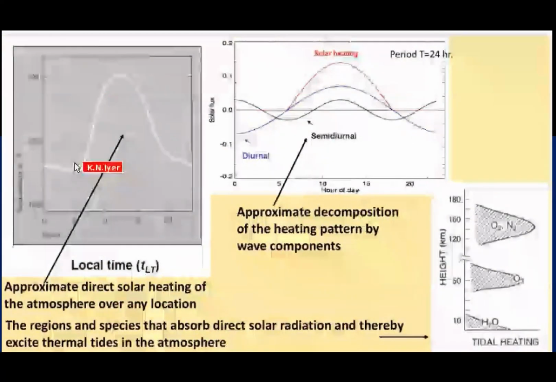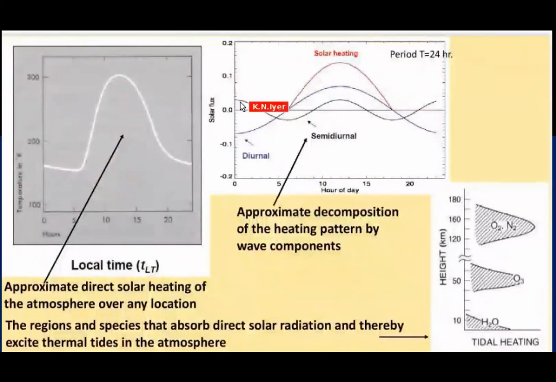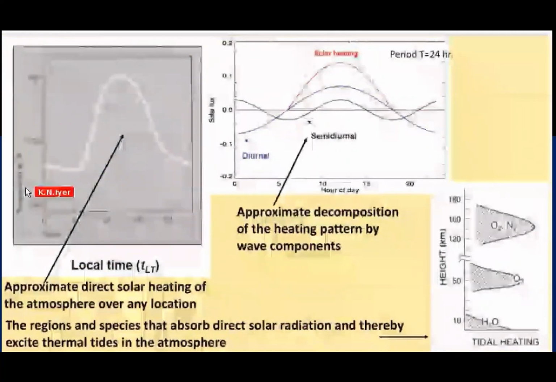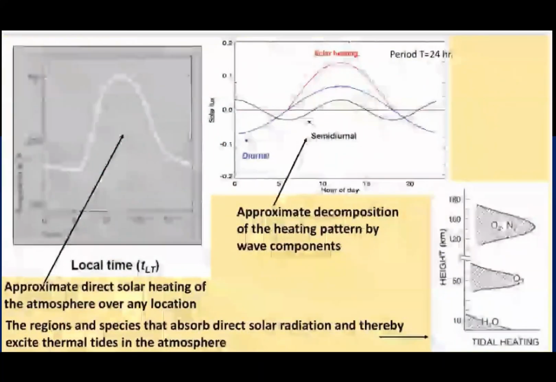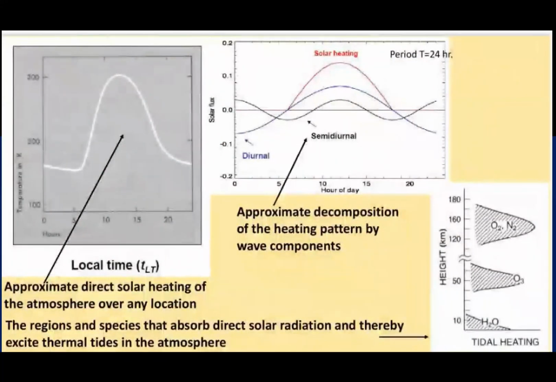Now this is a periodic curve. Next day also the same thing will repeat. But it is not a sinusoidal curve. But most of you may know that there is a technique called Fourier analysis or Fourier transform, by which such a periodic but non-sinusoidal variation can be split up into its periodic components. Here the fundamental period is 24 hours.